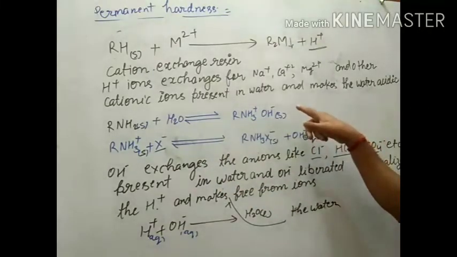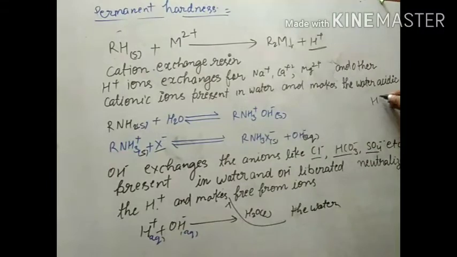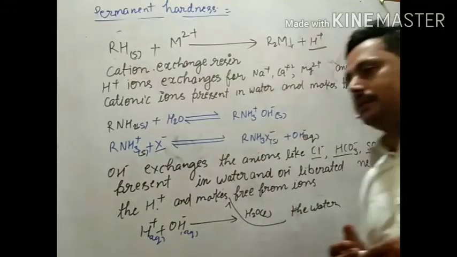So only H plus ion and OH minus ion were present in the water, and finally they reacted and formed H2O. So water becomes free from all the ions, and we get demineralized water by this method.